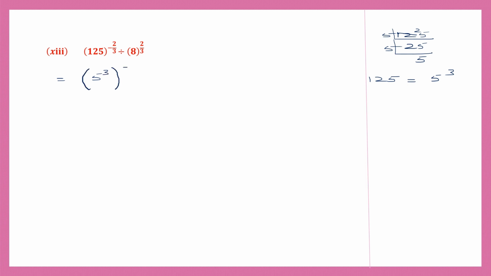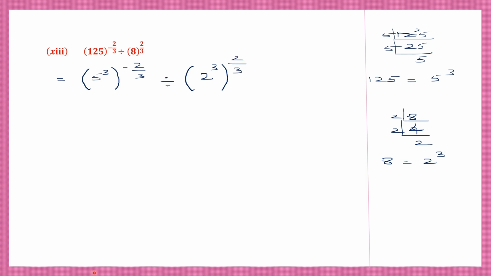The whole thing raised to the power of minus 2 by 3 divided by, now 8 also, let's simplify it further. 8 divided by 2, 2 4s are 8, 2 2s are 4. So 8 is equal to 2 raised to the power of 3. So instead of 8, let's write 2 raised to the power of 3 and the whole thing raised to the power of 2 by 3.